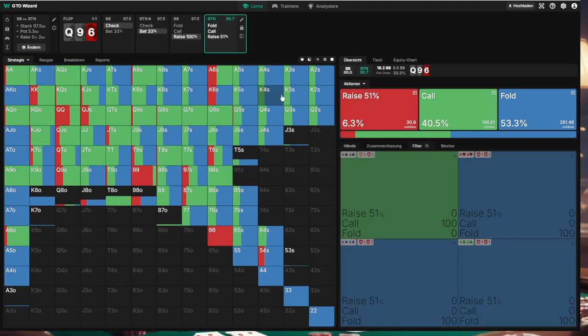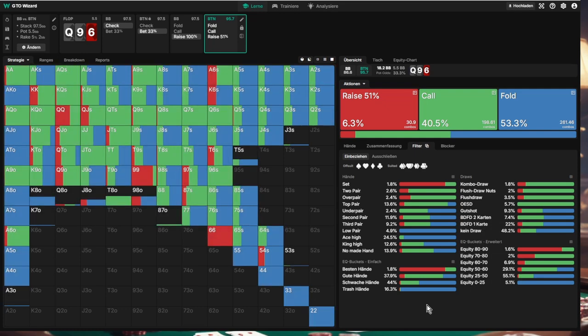So when we look at the response here, when we get raised, which is also quite a hefty raise, it's not always that we see such a big raise. What I would do in reality against those aggressive guys, I would just call basically any pair to the board, which means we're also blocking their value combinations.